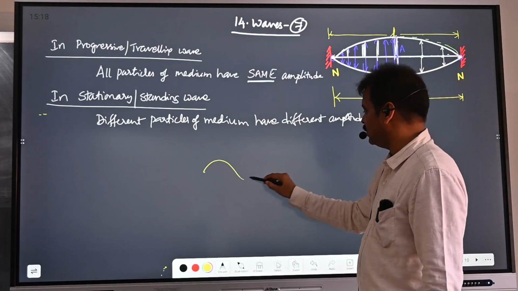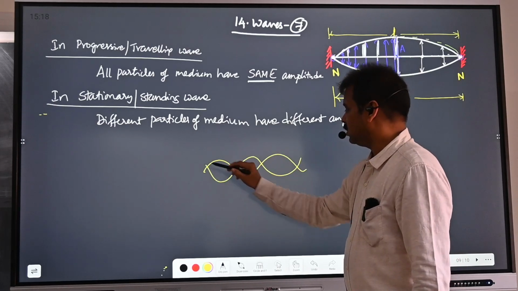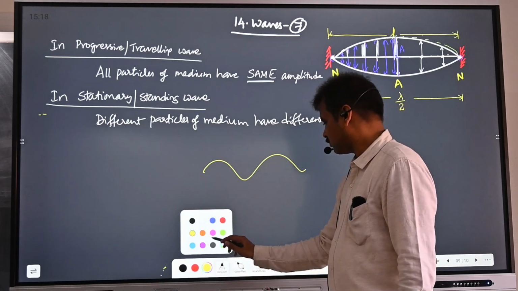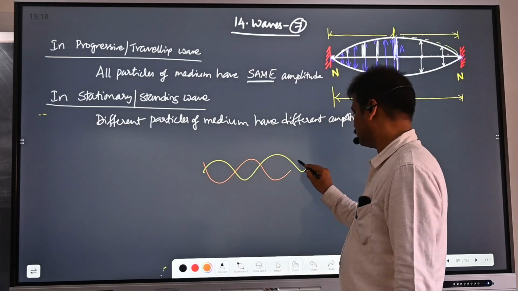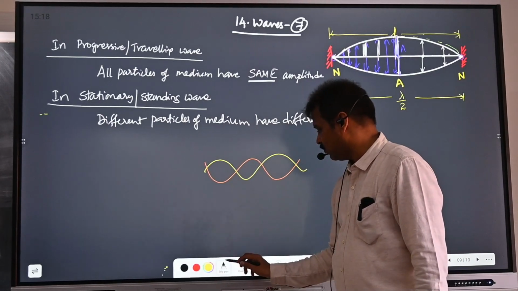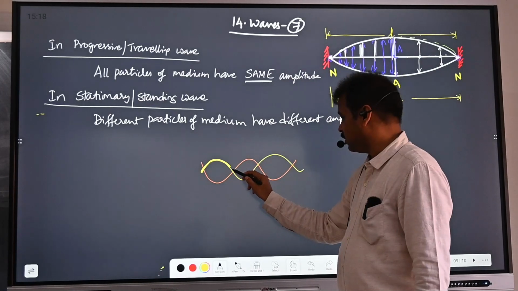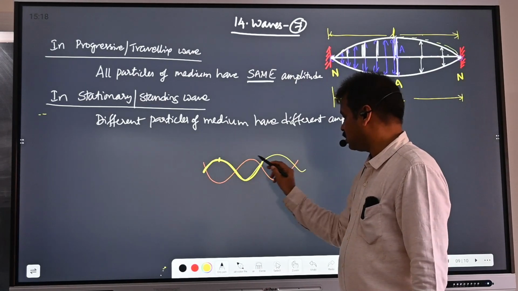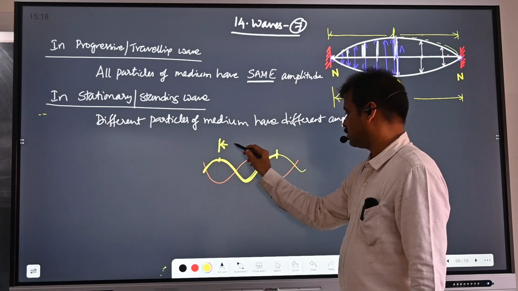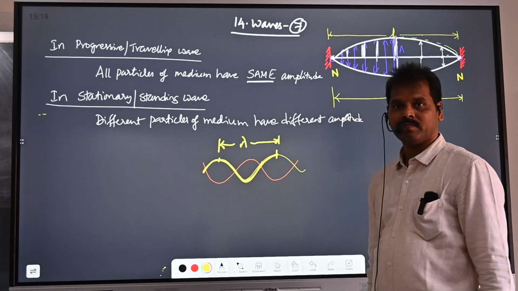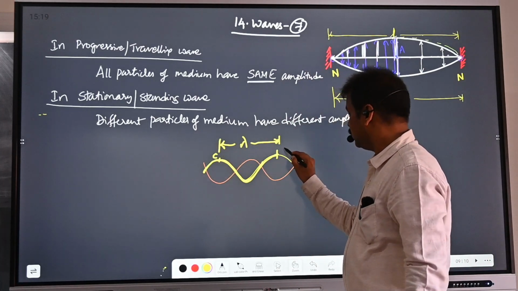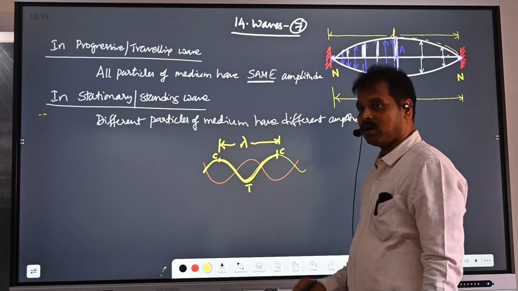See, students, when a stationary wave is created, it is produced like this. So if you take one wave, from crest to crest, what is the distance? Lambda, the wavelength. So in a single wave we call this a crest, and we call this a trough.